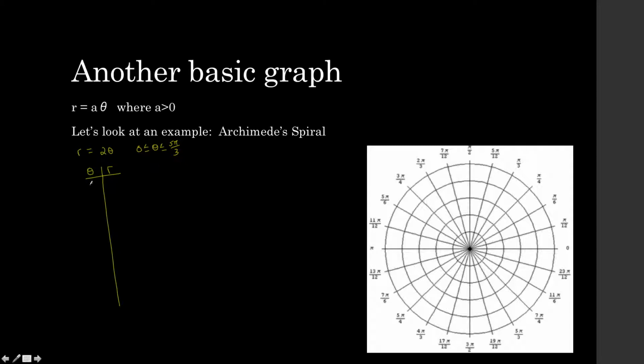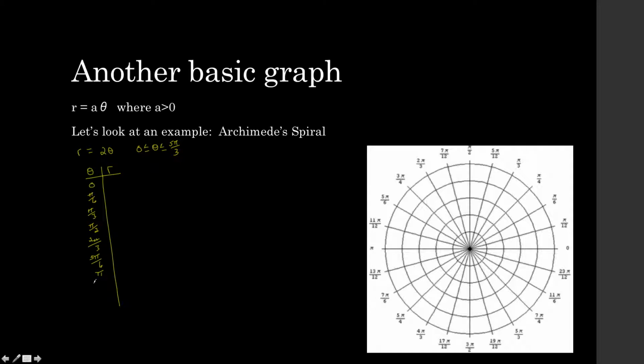So I'm going to start with 0, and I'm just going to use unit circle angles. Throughout all of this, the ways I'm going to show you to do it will mostly use unit circle angles, which is going to pay off for you because you already know a lot of those angles.